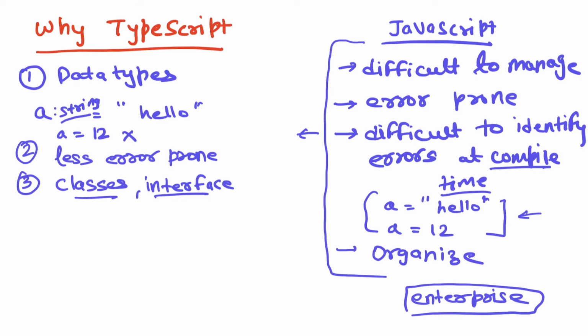You can create objects for your classes also, and then you can use those objects within your TypeScript code. And as I mentioned, whether you are defining data types, classes, interfaces, or objects, behind the scenes it gets converted into a JavaScript file only.